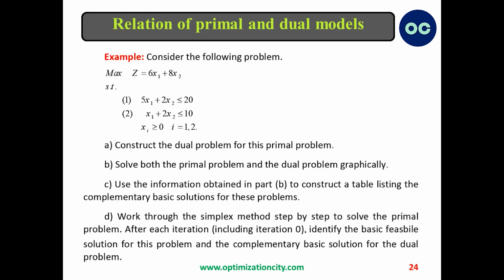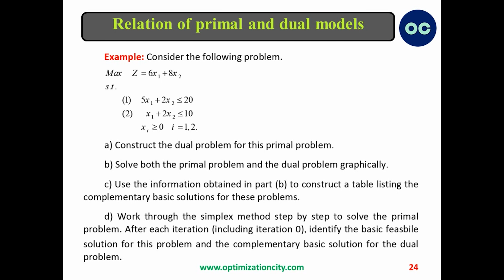Let's work on an example that involves the following problem. We have two functional constraints and two variables which are non-negative. We have four parts. In part A, make the dual problem for the given primal model. In part B, we solve the primal and dual model graphically.